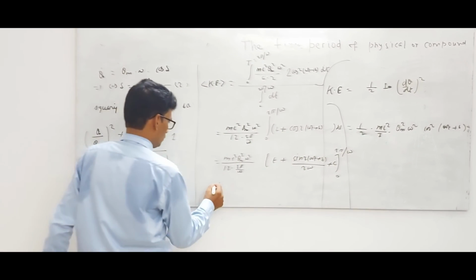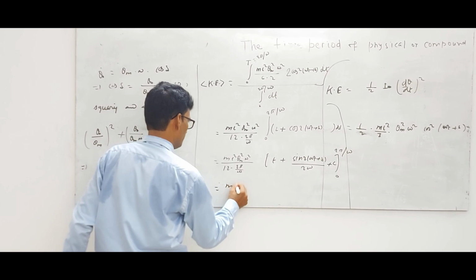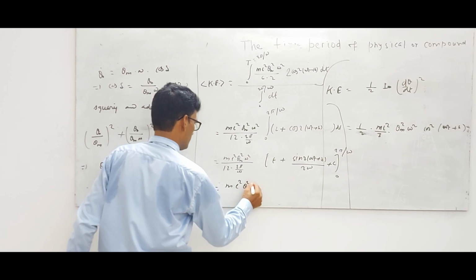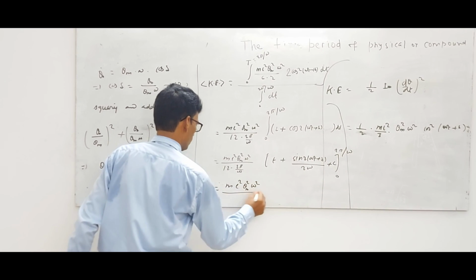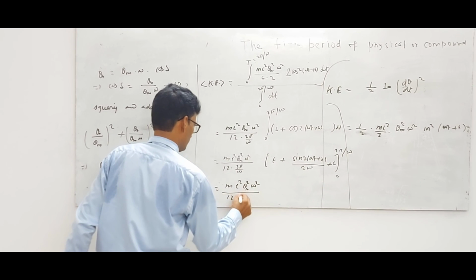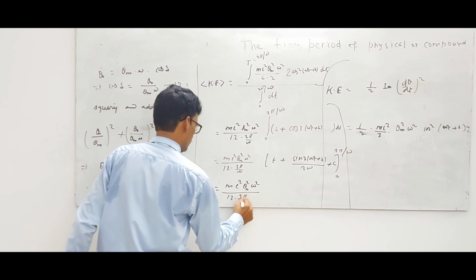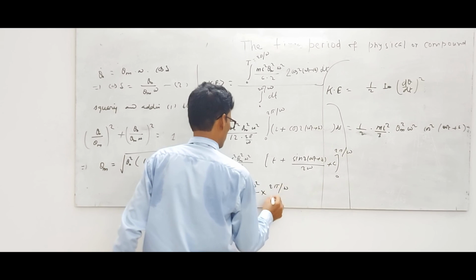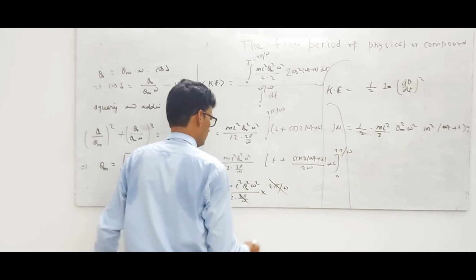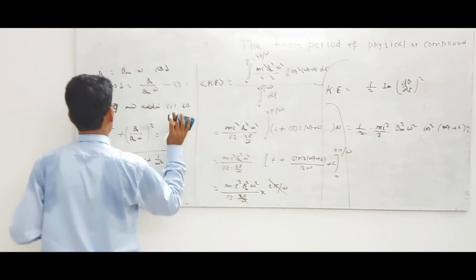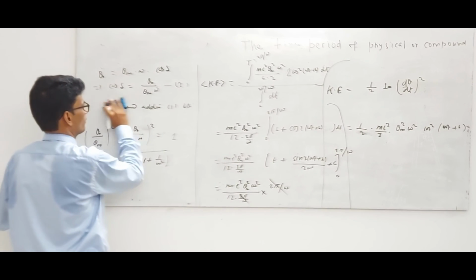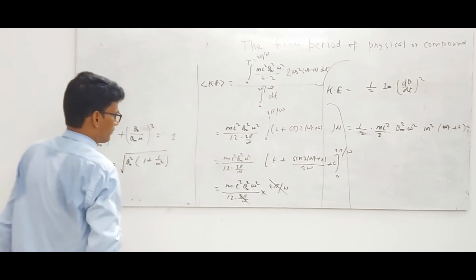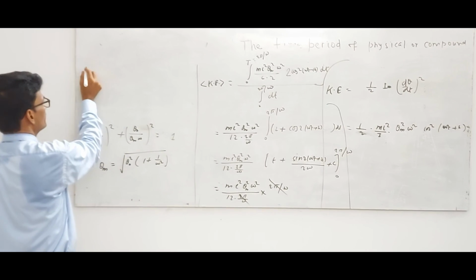So here ml square theta maximum square omega square over 12, twice pi over omega, and here twice pi over omega. So this cancelled out. So what we have left? We have left with the average kinetic energy.